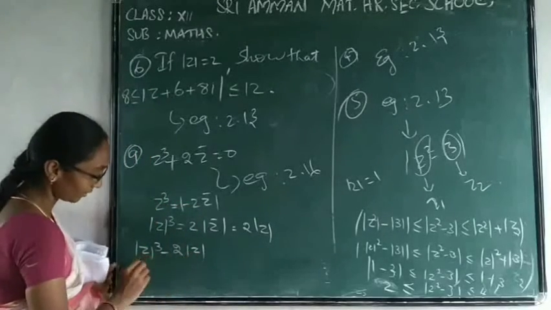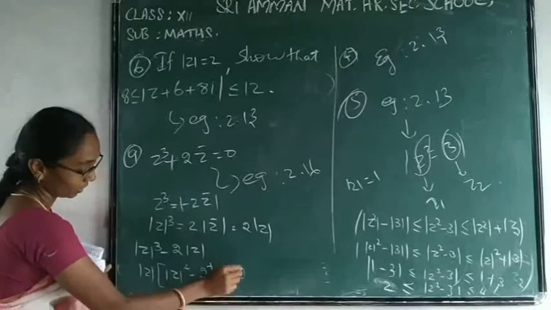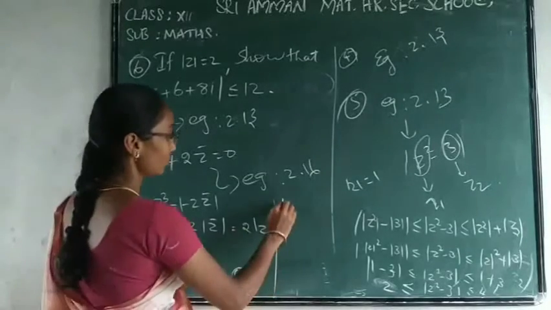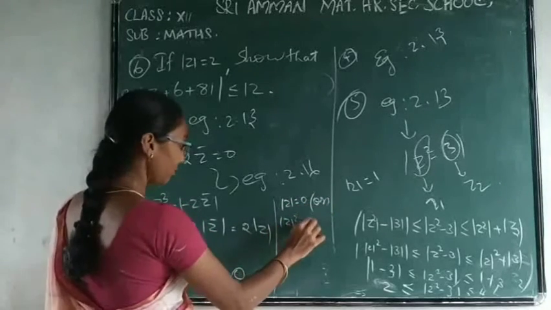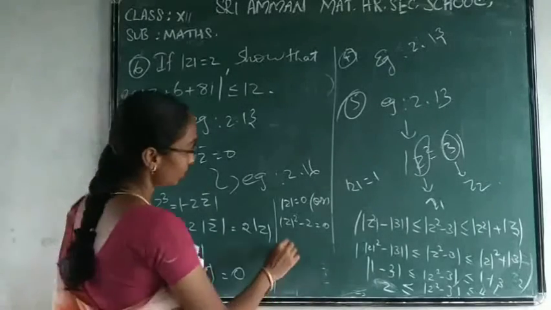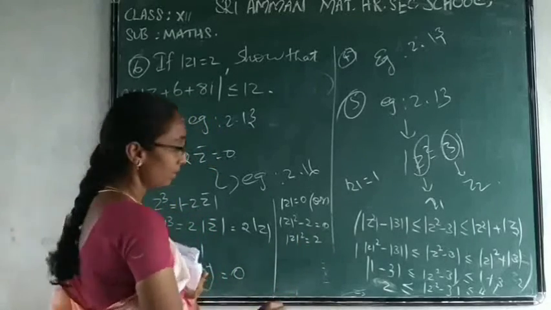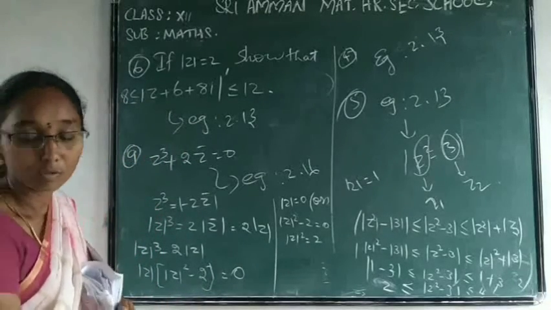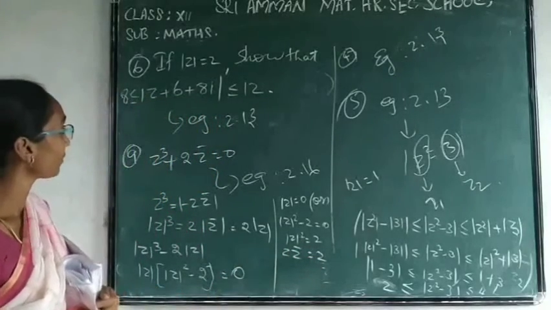Modulus of z is common, so modulus of z times modulus of z square minus 2 equal to 0. Modulus of z equal to 0 or modulus of z square minus 2 equal to 0. So modulus of z square equal to 2, and this gives modulus of z bar equal to root 2.